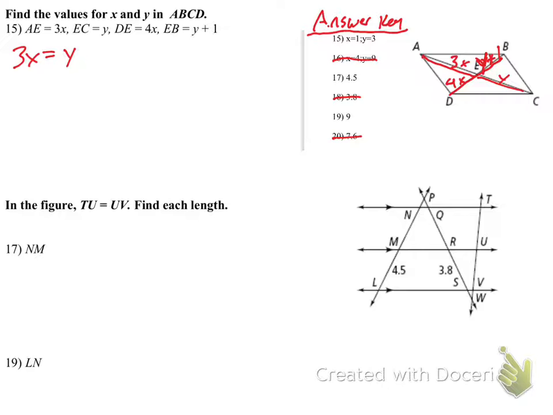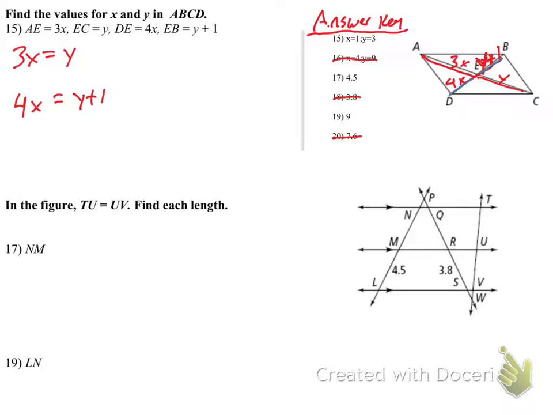So if my line is 4x, let's see here, 4x is equal to y plus 1, and that's just this line is equal to this line, right? Then I can solve from there.